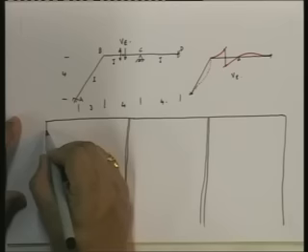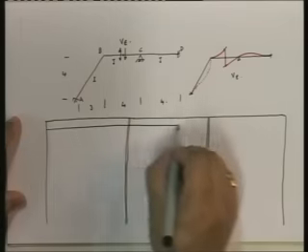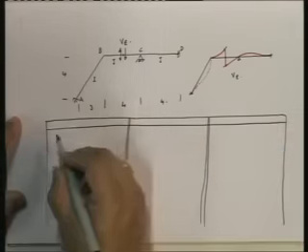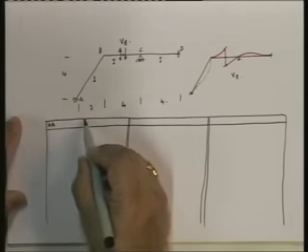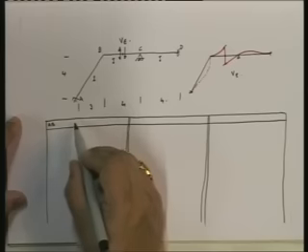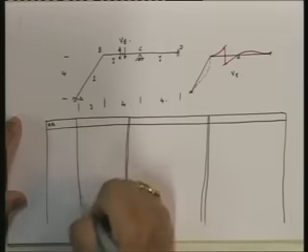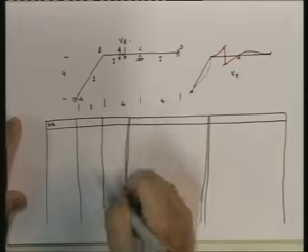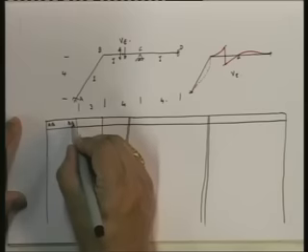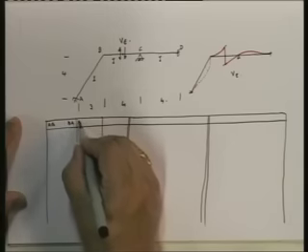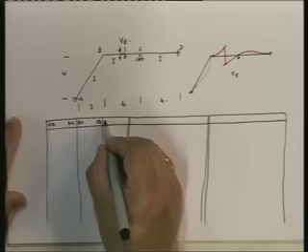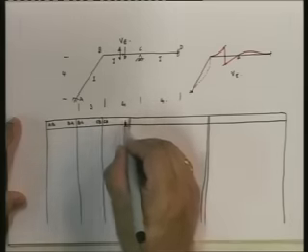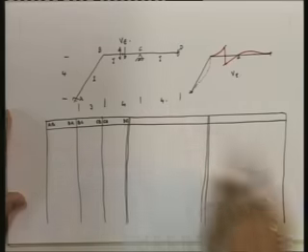The first set, this is going to be AB, BA, BC, CB, CD, and then DC.